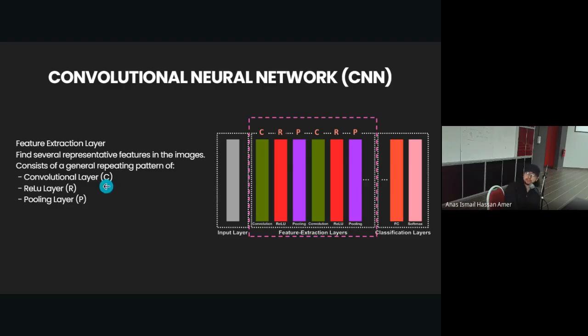Then you have ReLU, which is just the activation function, and then the pooling layer, which basically reduces the dimension so that it's easier to process. I'll also explain in detail later. And then finally, you have the classification layers, which are the same as feed-forward networks, just classifying based on the features detected. So the only thing that is different for the convolutional neural network compared to the feed-forward neural network is this feature extraction part. After the feature extraction part, the classification layer is exactly the same as we did in the last session.